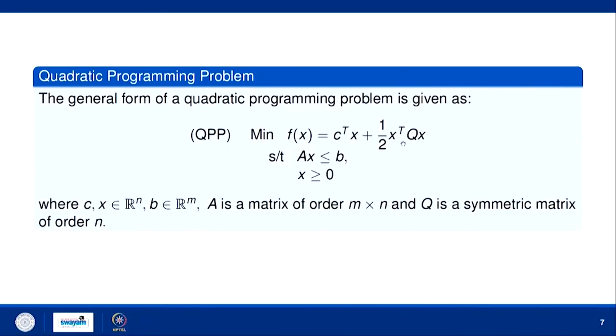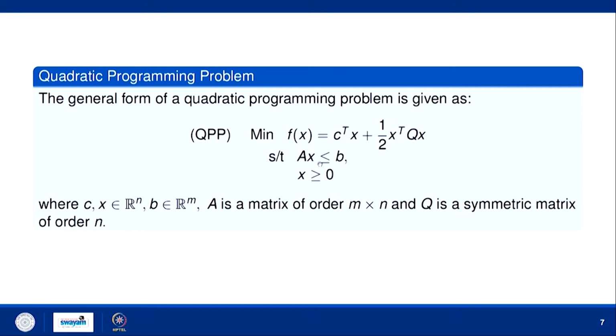So, before going ahead, let us first come to the quadratic programming problem. We have seen that in a quadratic programming problem the objective function is quadratic and the constraints are linear.